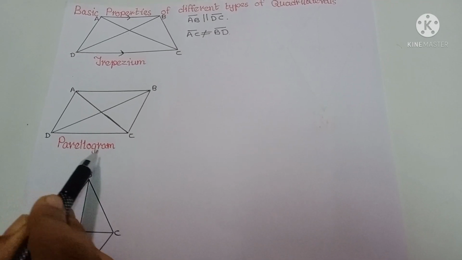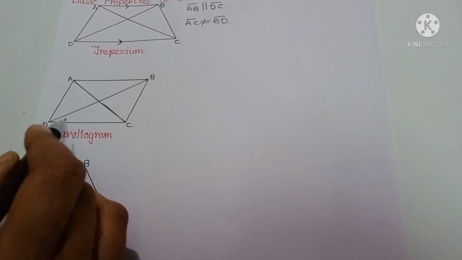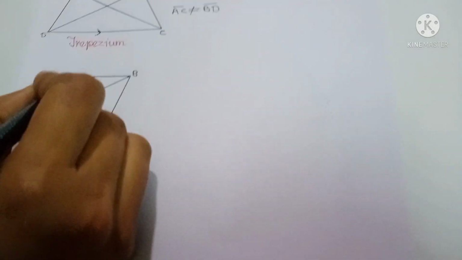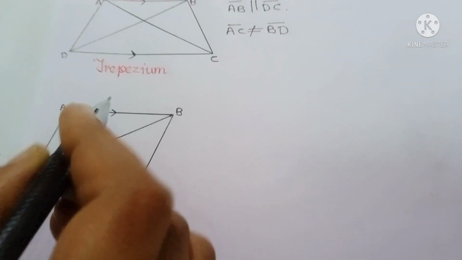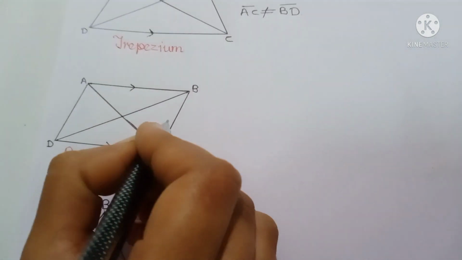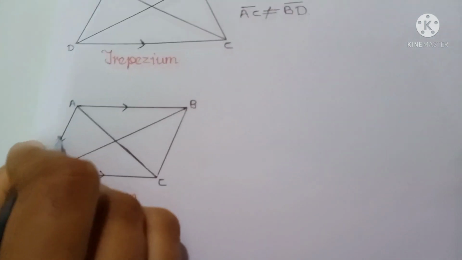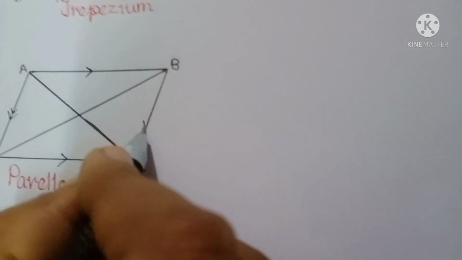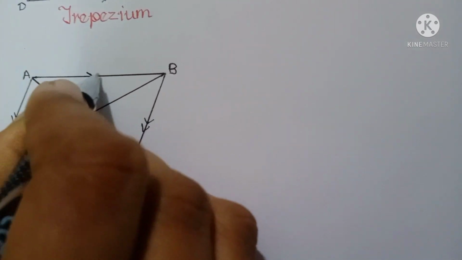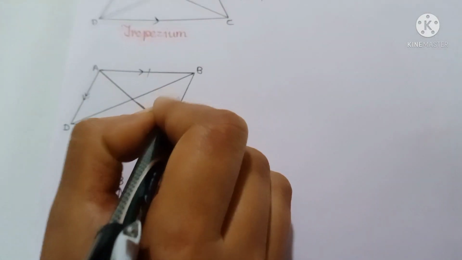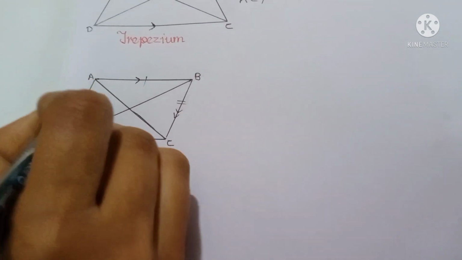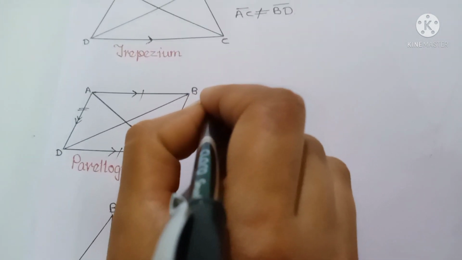Next, parallelogram. In this parallelogram, two pairs of opposite sides are equal and parallel. Write like this.